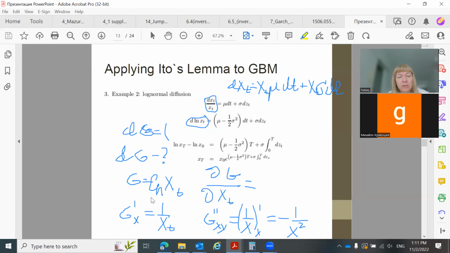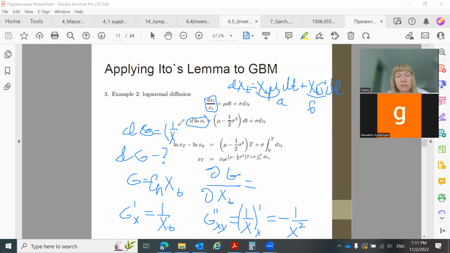So dg with respect to dx is 1 divided by x, multiplied by the function before dt. This is a, and this is b.